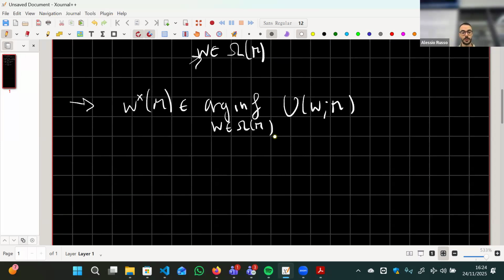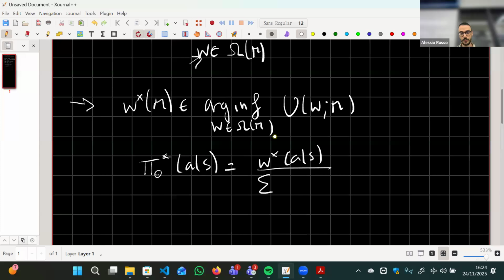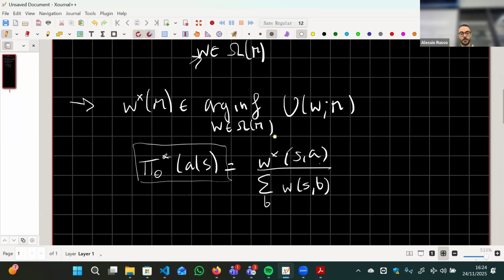W star will induce a stationary distribution from which you can extract a policy that we are going to call the oracle policy that we can define in this way. So W star is a distribution over state action pairs, and you can show that a policy defined in this way induces a stationary distribution W star.